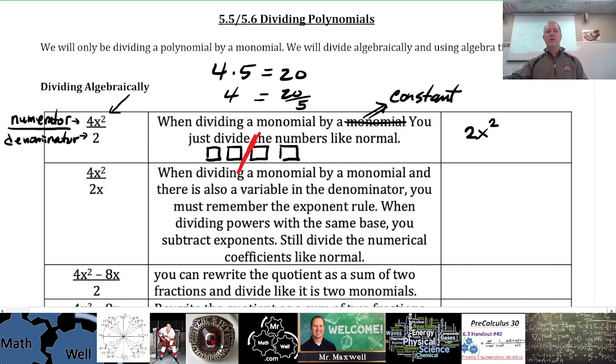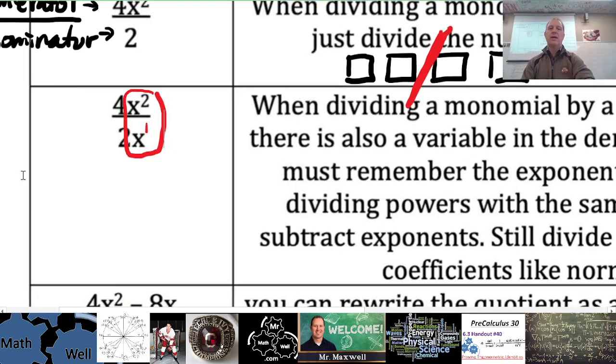What if you're dividing a monomial by another monomial that has a variable? Okay, so if that's the case, then we have to remember our rules. When we multiply and divide the same variables, we just focus on the exponents. So let me remind you that in multiplying, what did we do with the exponents?